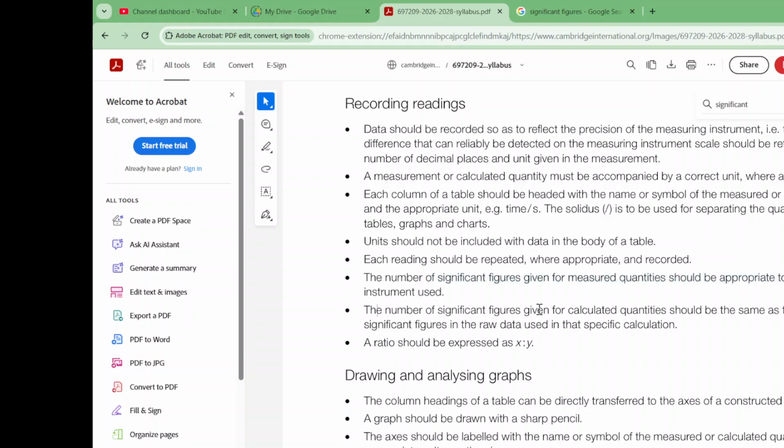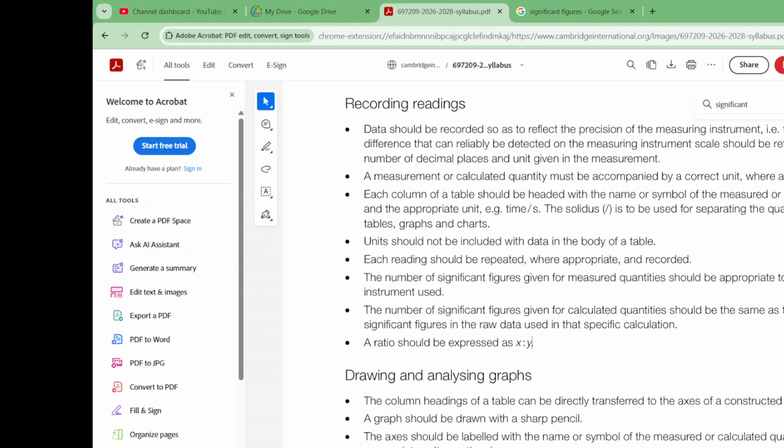And the number of significant figures given for a calculated quantity should be the same as the least number of significant figures in the raw data used in that specific calculation. That's what the syllabus says about how they expect significant figures to be used. Now, does that make sense?